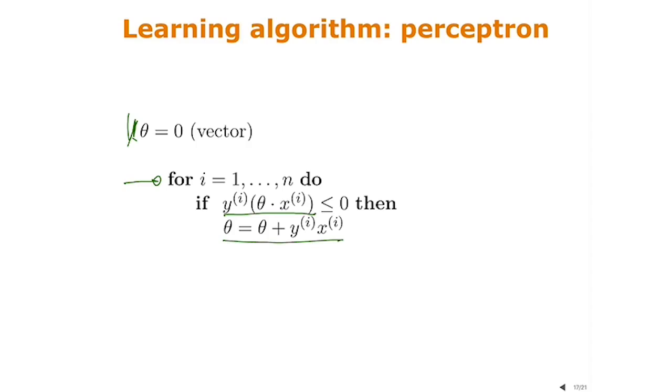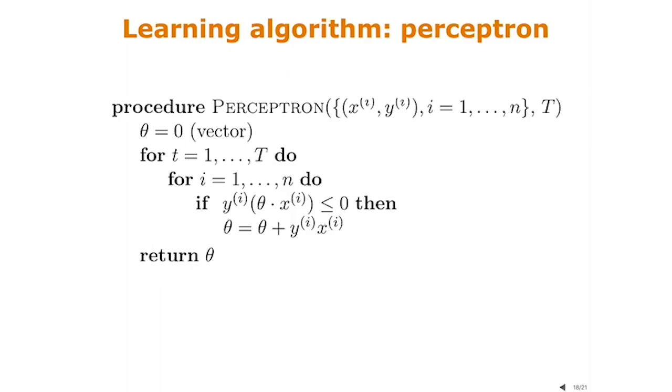Now, since different training examples might update the parameters in different directions, it is possible that later updates undo some of the earlier updates, and some of the earlier examples are no longer correctly classified. So we have to go through the training set multiple times, here capital T times, either in order or selecting at random, look at whether it's a mistake, and perform a simple update.